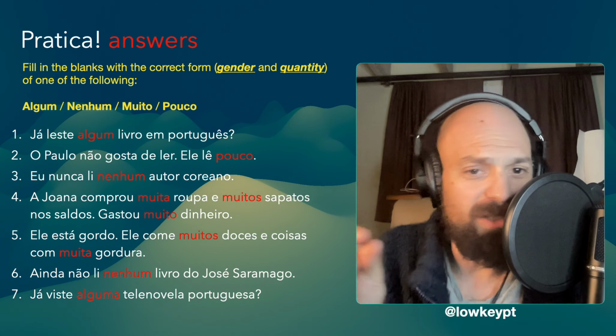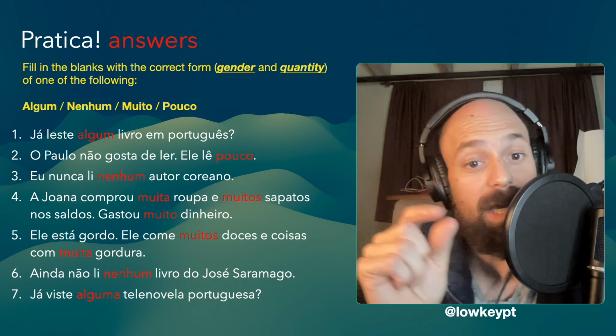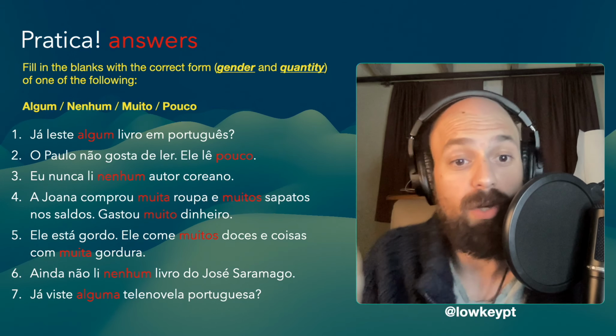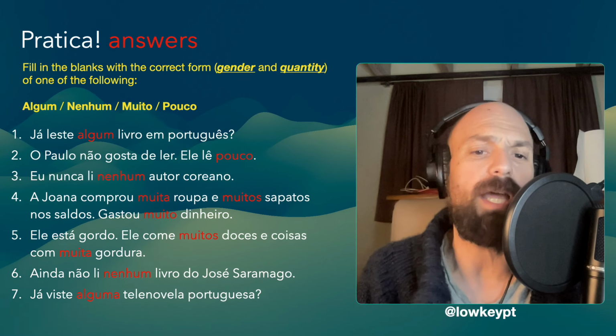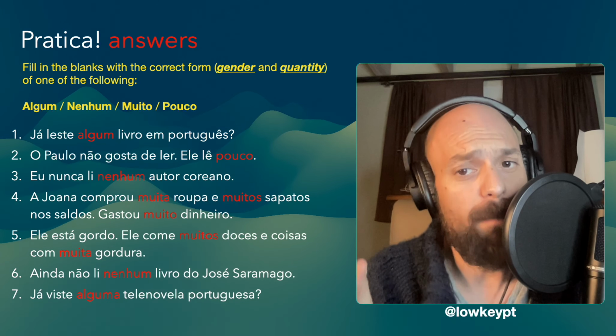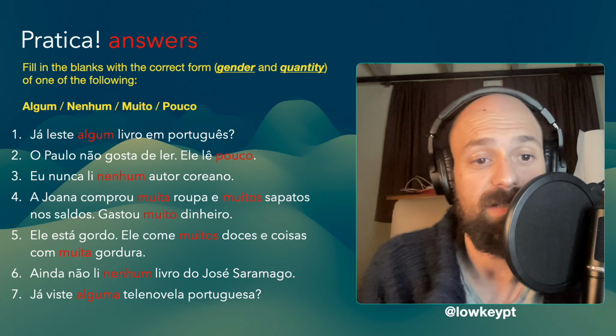These are nice and clean to look at because our endings are very similar, right? Os and os, a and a, muita roupa, and finally, gastou muito dinheiro. Again, dinheiro, money, masculine, singular. Our quantifier muito also has to be masculine and singular.